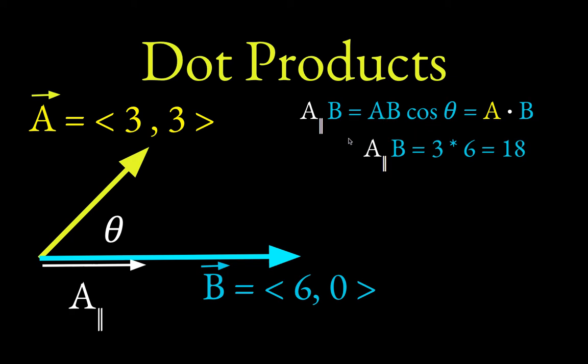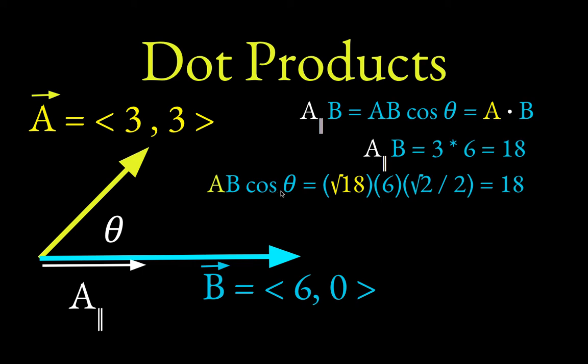Another way to get the dot product is AB cosine theta, or magnitude A, magnitude B times cosine theta. Well, magnitude of A is square root of 3 squared plus 3 squared, or square root of 9 plus 9, or square root of 18. So that's the magnitude of A. The magnitude of B is just 6. It's 6 units long.